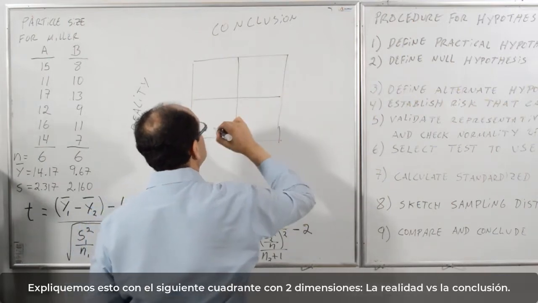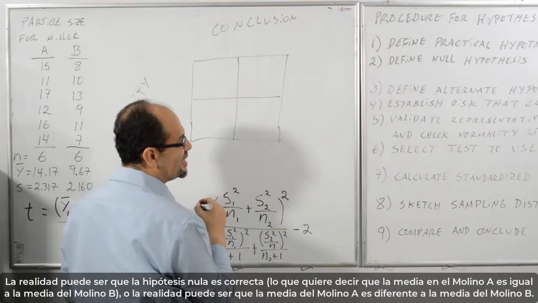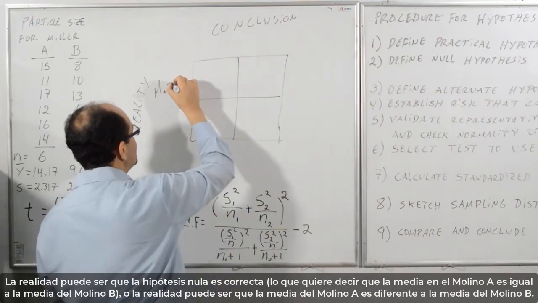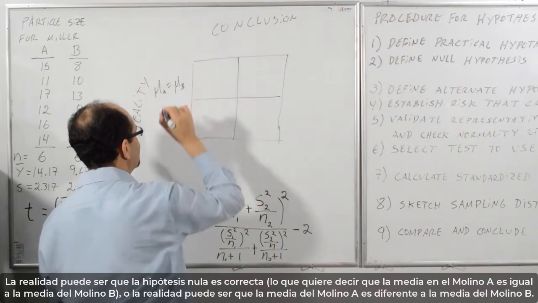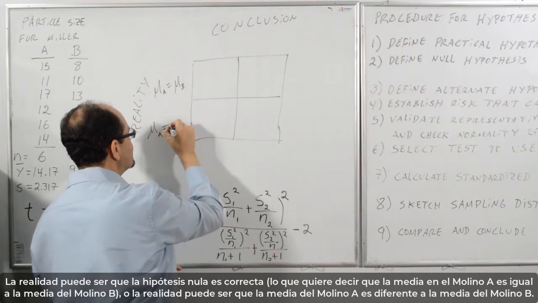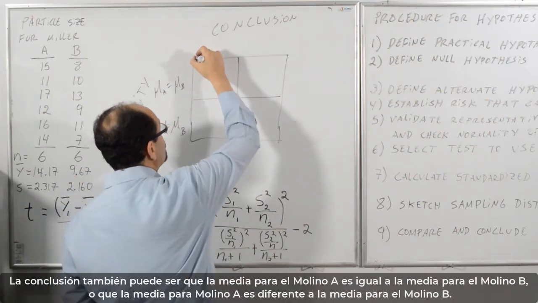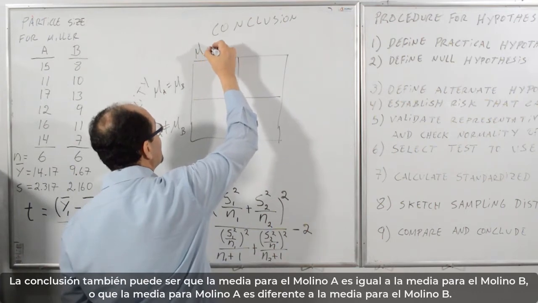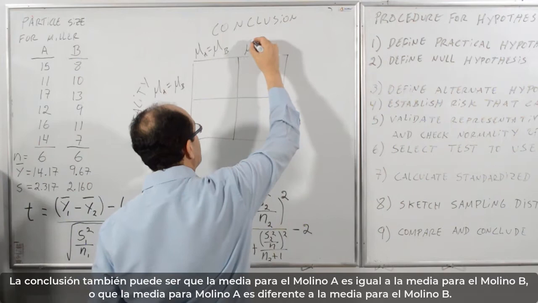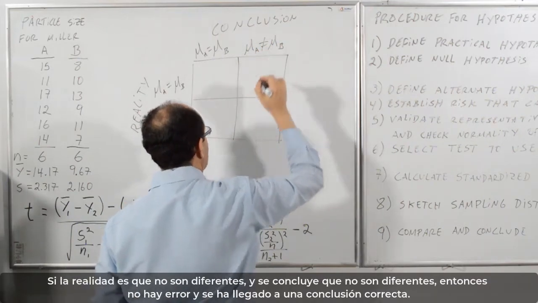The reality is that the null hypothesis is right, which means that the mean for Miller A is equal to the mean for Miller B. Or the reality can be that the mean for Miller A is different than the mean for Miller B. The conclusion also can be that the mean for Miller A is equal to the mean for Miller B, or that the mean for Miller A is different than the mean for Miller B.